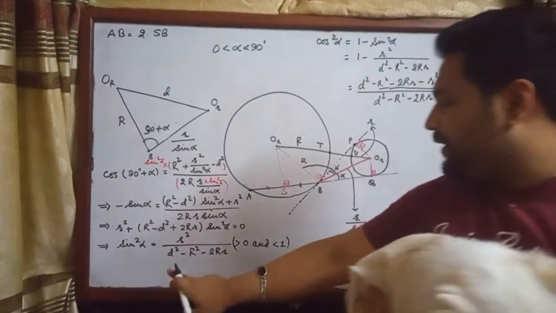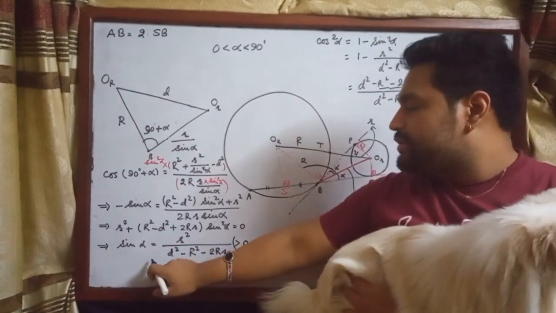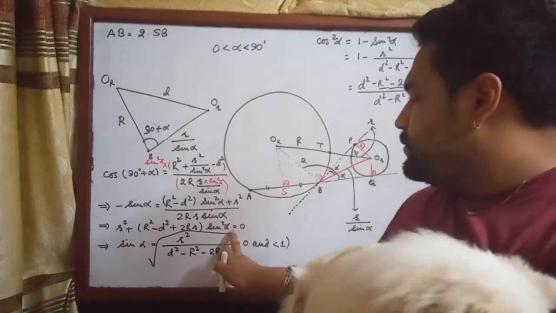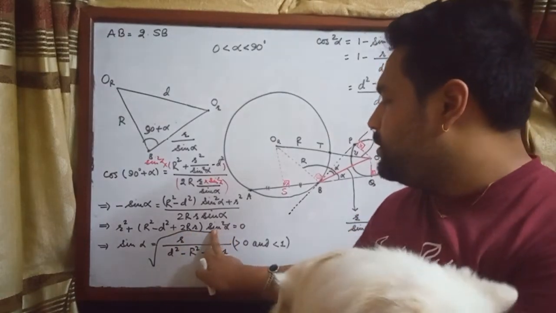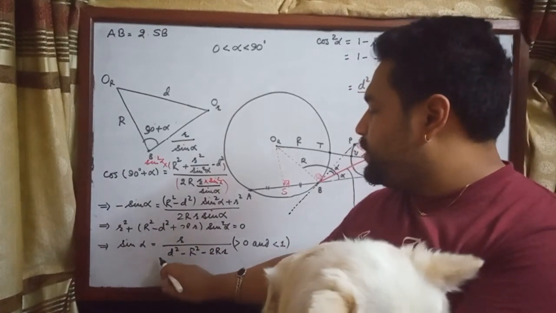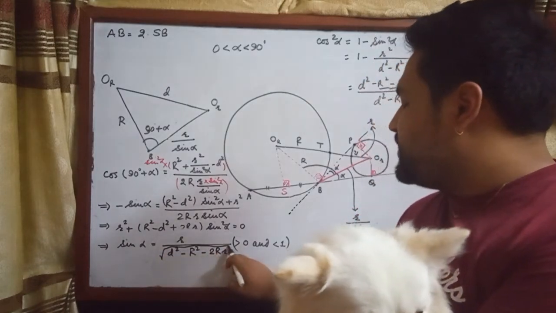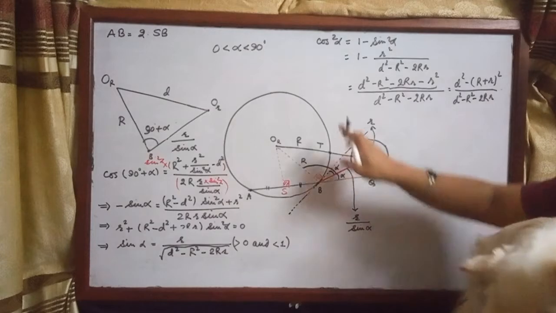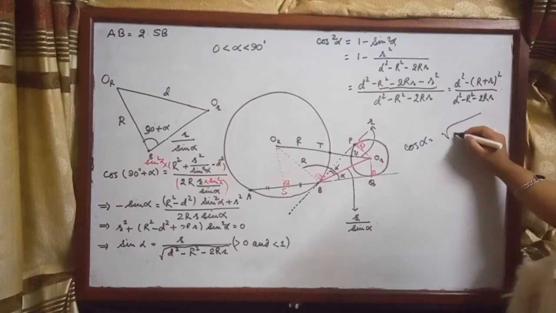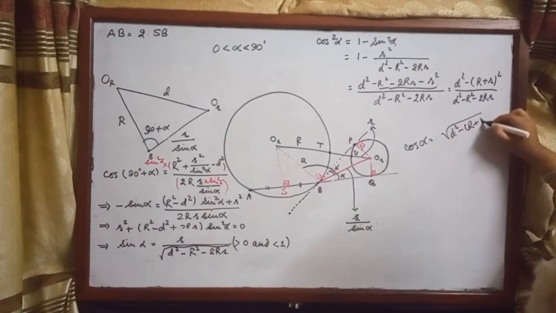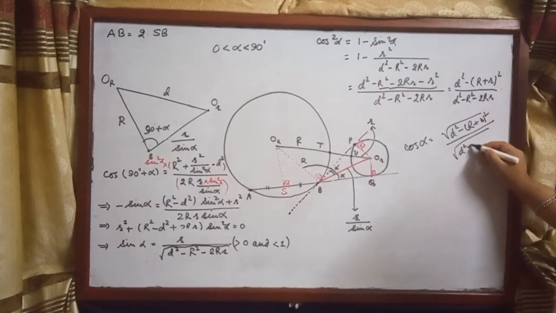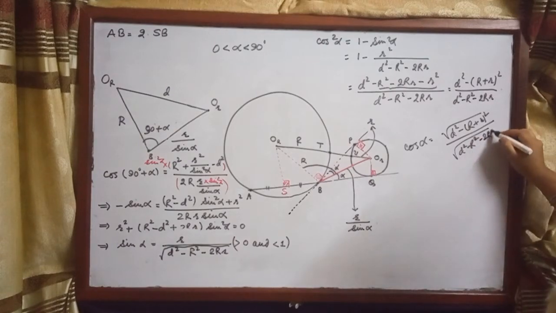So sine alpha will be the square root of this much, which is nothing but r over the square root of this thing, the denominator, and cos alpha will be equal to the square root of the numerator over the square root of d squared minus r squared minus twice r.